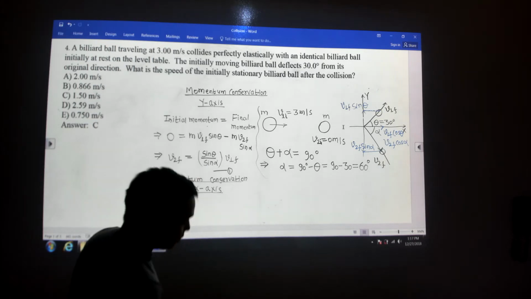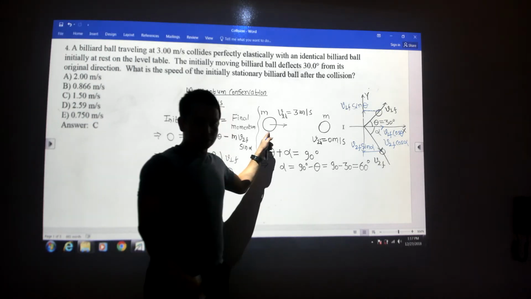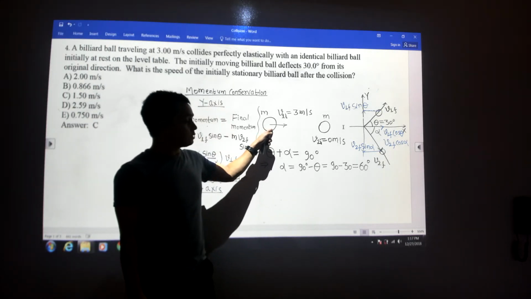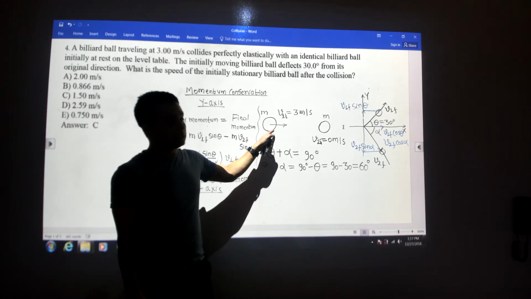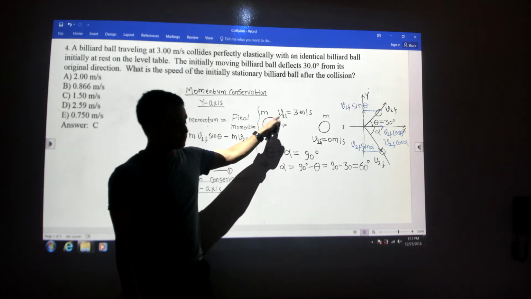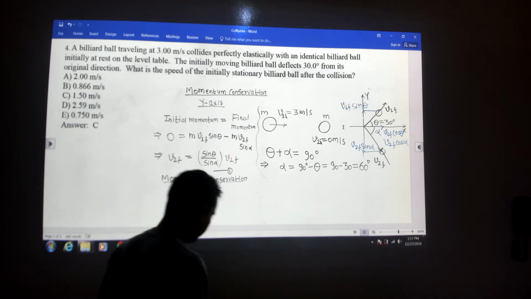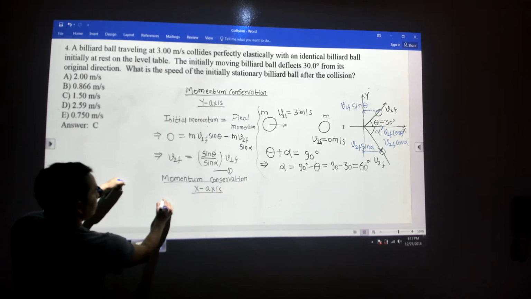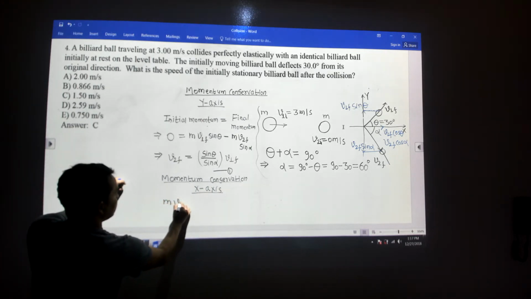The initial momentum of this ball is mass times velocity, because it is moving along the x-axis, so m times V1I.